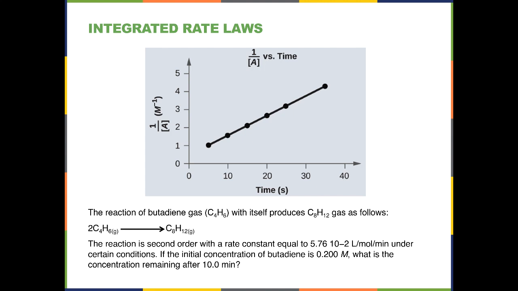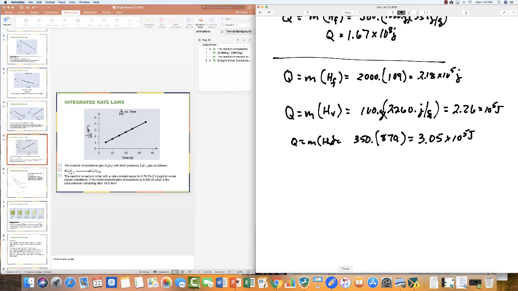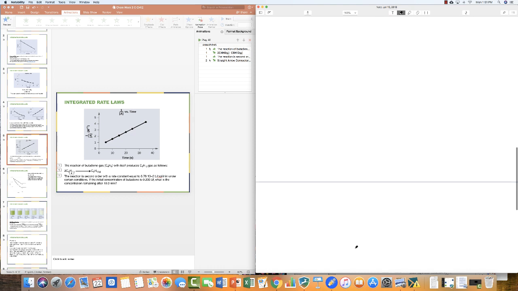So here's a problem. The reaction is second order and the rate constant is 5.76 times 10 to the minus 2. If the initial concentration is 0.2, what is the concentration after 10 minutes? Okay, let's take a look at how we would go about doing this. Let me pull up my writing program so I can do that.